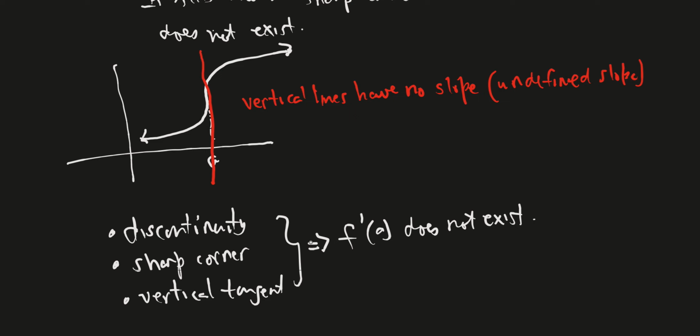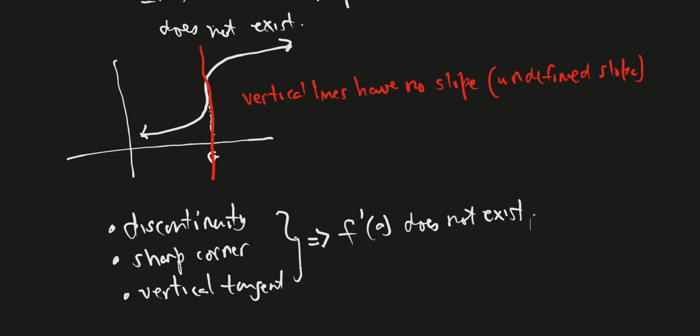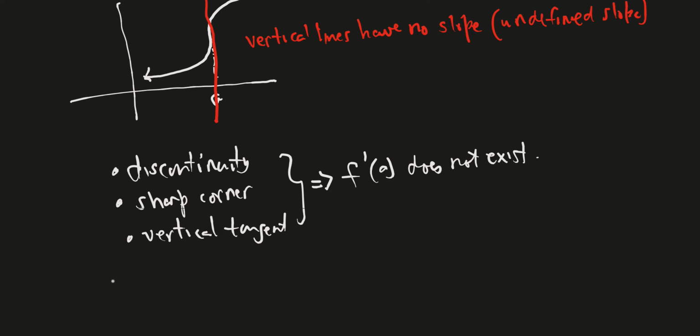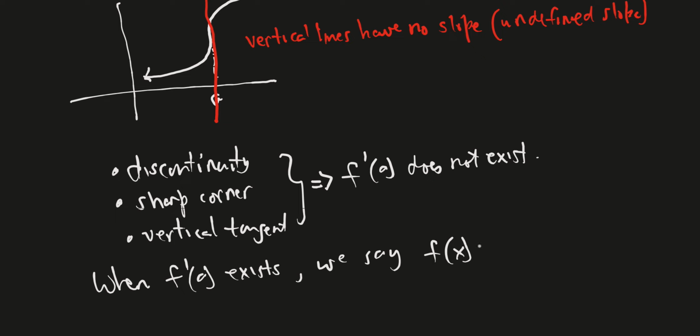All right? So basically, for f prime of a to exist, you have to have a nice continuous function that doesn't have any sharp corners and doesn't have any vertical tangent lines, right? So when f prime of a exists, we say the original function, f of x, is differentiable.